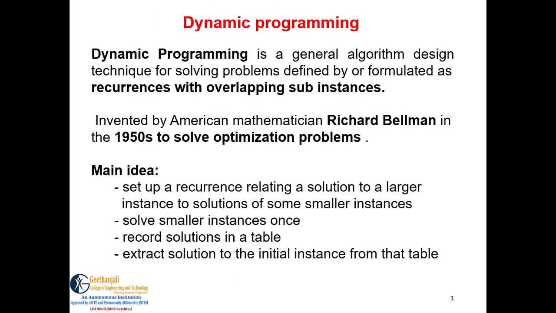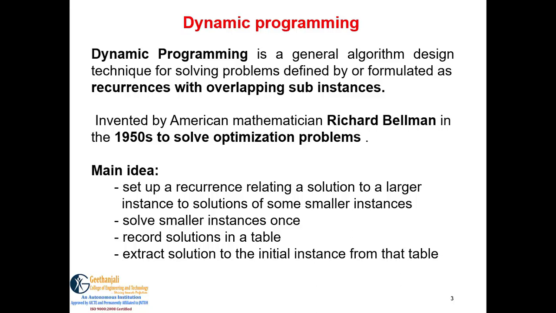Dynamic programming is a general algorithm design technique for solving problems formulated as a recurrence with overlapping subinstances. This is a very important point. Overlapping subinstances mean the subproblems. It was invented by the American mathematician Richard Bellman in 1950 to solve optimization problems.